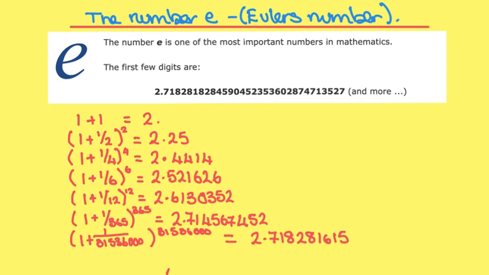And the limit is the limit as n tends to infinity of the function 1 plus 1 over n, to the power of n, and that is equal to e, which as a numerical value is approximately 2.7182818... So it is the limit of 1 plus 1 over n, to the n.